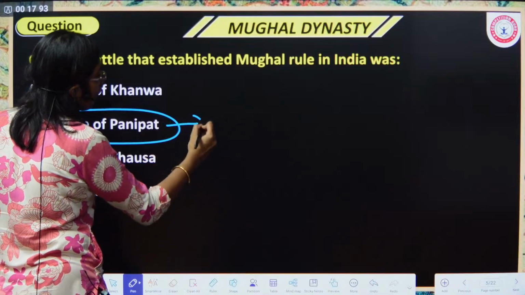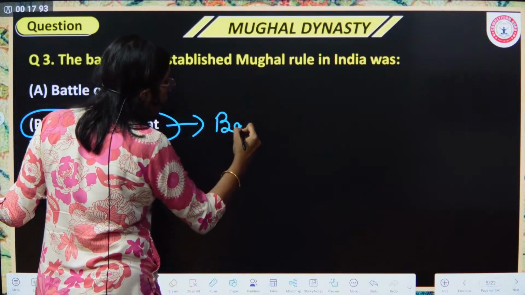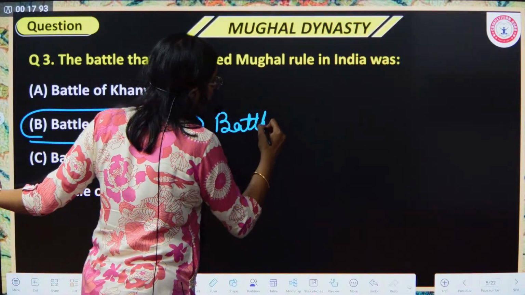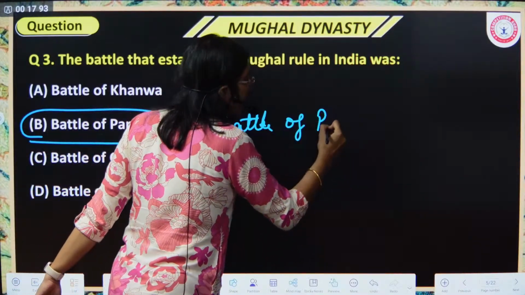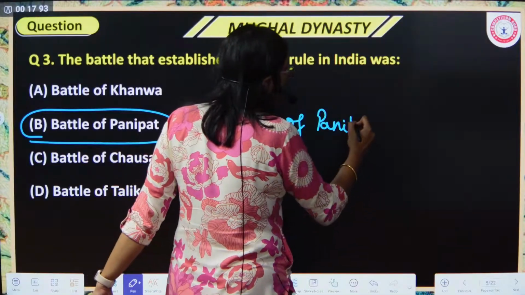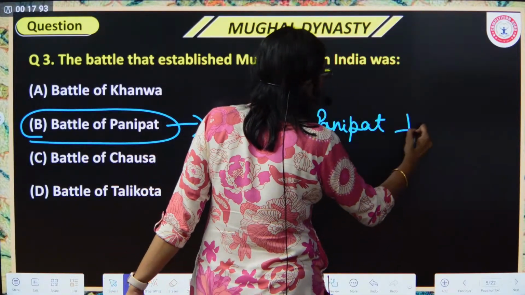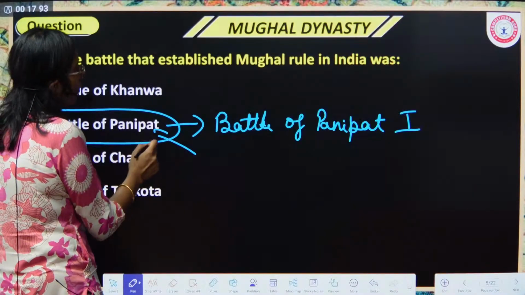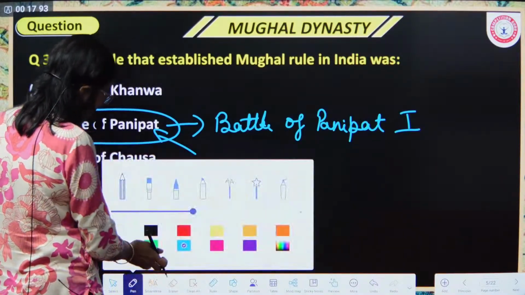You should know Battle of Panipat. Yes, it is right, but more specifically, Panipat 1. It was fought between whom?